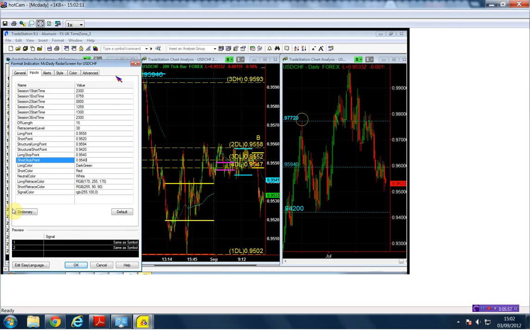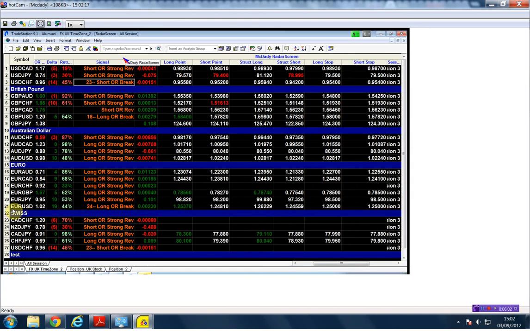So for the dollar Swiss, we are going to go long above 95.58. We have a structural long point at 95.94, and our stop is going to be 95.40. On the short side, below 95.20, we have a structural short point at 94.20, and our stop is going to be 95.40. Okay.